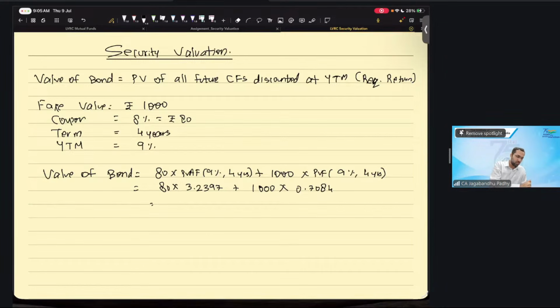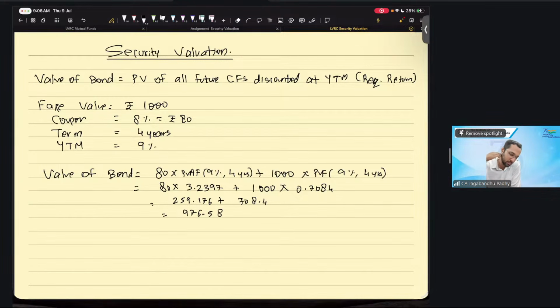It is 80 into 3.2397, which is 259.176, plus 708.4. So the value of the bond is 259.176 plus 708.4, which is 967.60, or 967.58. Okay, so that's the value of the bond.